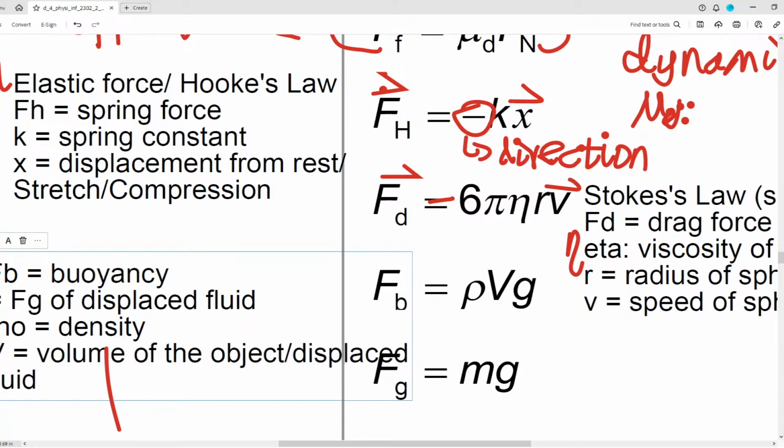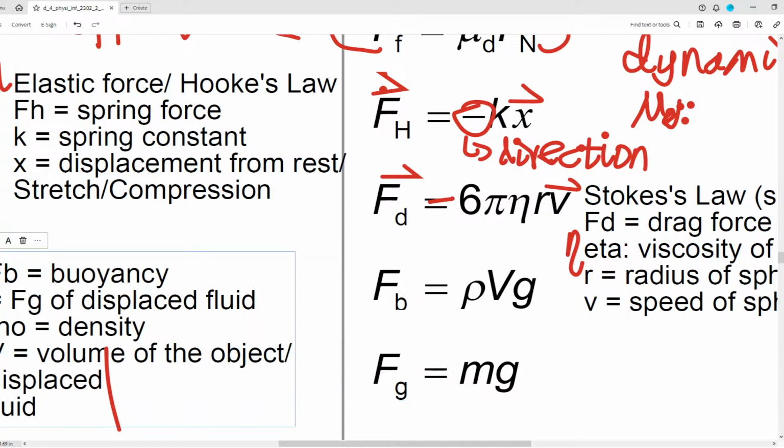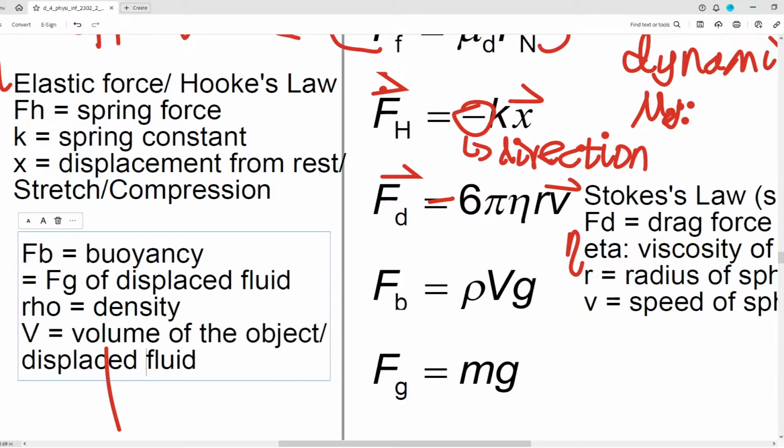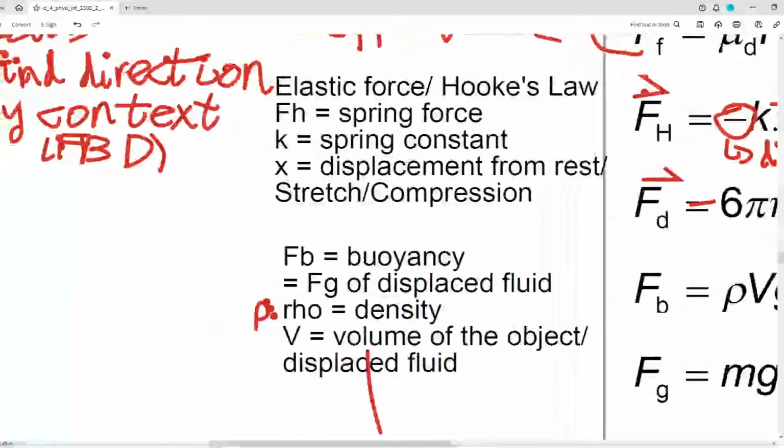And g is 9.81, a constant, so I'm not going to highlight this one. I will still write the rho in. The key thing here is that this is just the gravity of the displaced fluid. The volume of the object, of course, is how much it displaces.